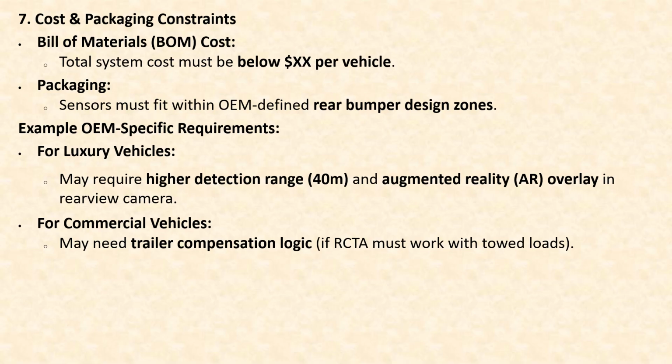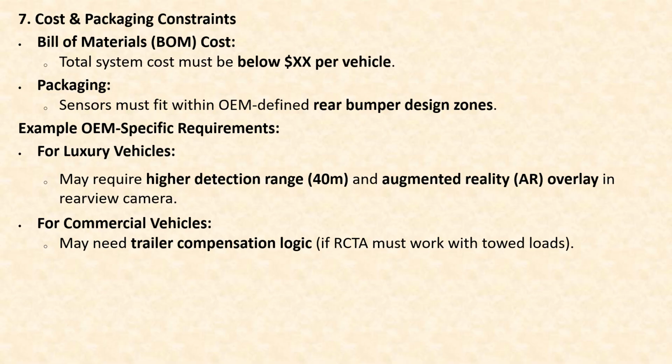So the OEM clearly communicates the bumper design. What is the curvature? What is the flatness? What is the parallelism? All these mechanical design constraints are communicated so that the sensors which the tier 1 suggests clearly fit into the rear bumper.